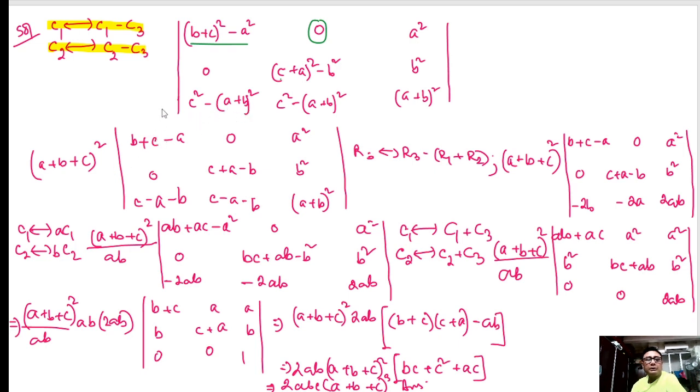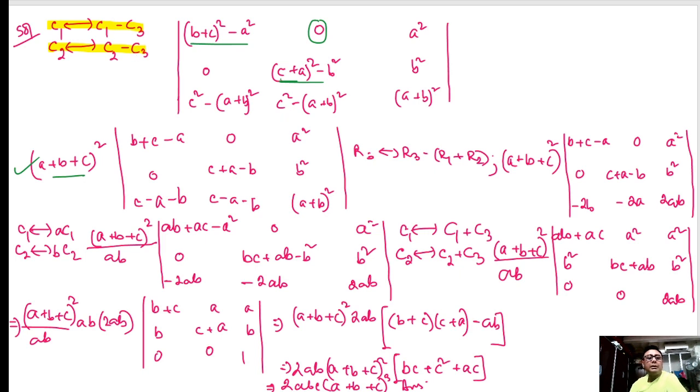So from the first column we got a plus b plus c common. Similarly, here it is c plus a plus b and c plus a minus b, and c minus a minus b. So again we are getting a plus b plus c common, so we are taking that from the second column and writing it here.